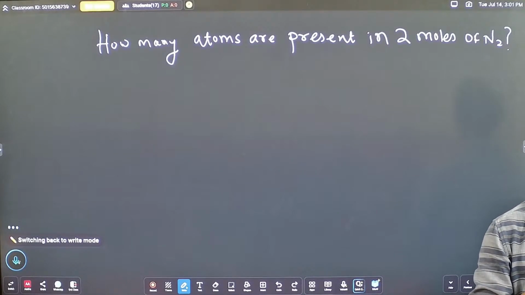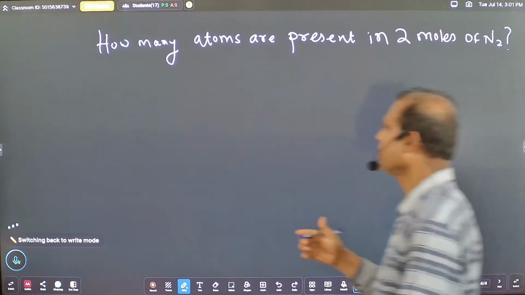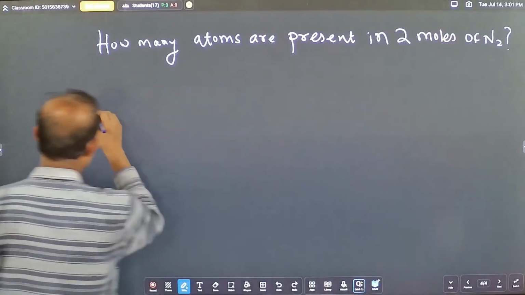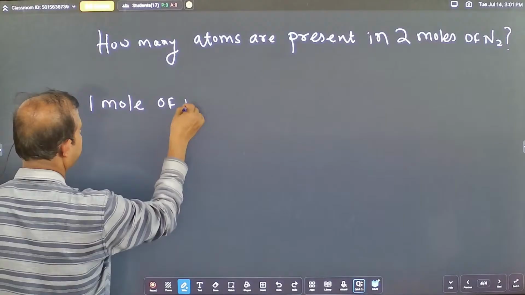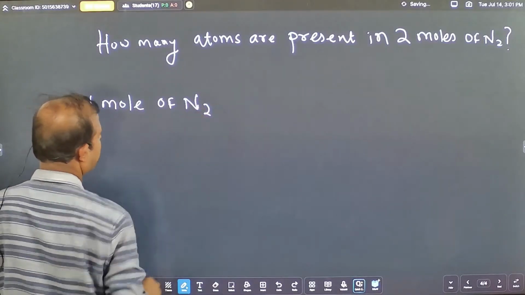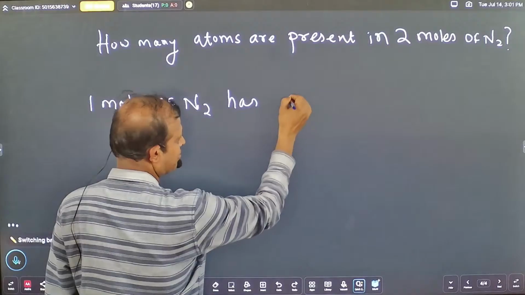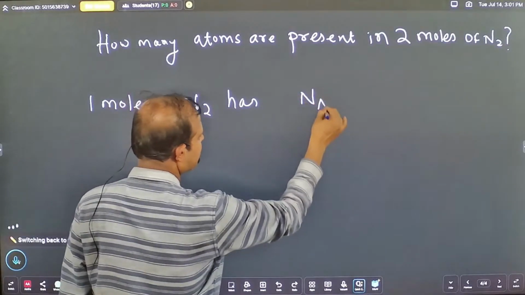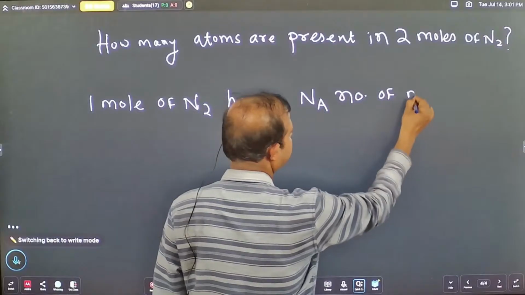Clear? So if I write 1 mole of N2, N2 means in the combined state. 1 mole of N2 has how many molecules? It has Na number of molecules. Can I write like this?